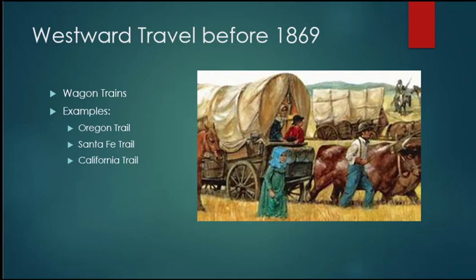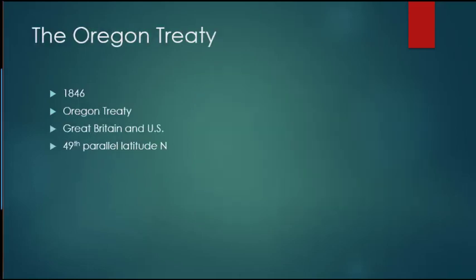And I'm going to give you a specific example by looking at the Oregon Trail. A lot of Americans will travel along the Oregon Trail, and they're trying to settle in the Oregon Territory. There's actually some dispute between the Americans and the British about who occupies the Oregon Territory and where the American territory begins and where the British territory begins and ends.